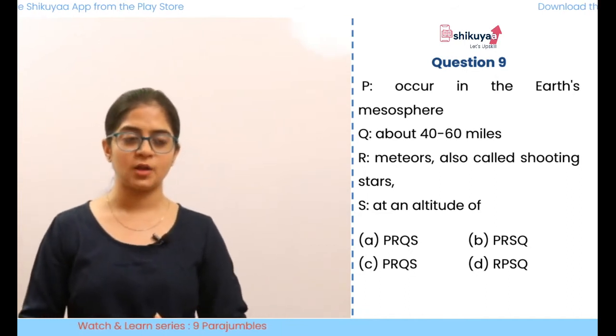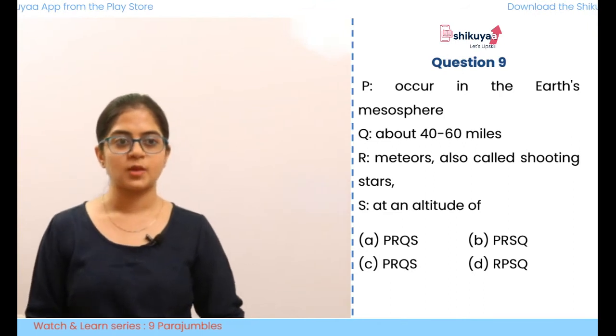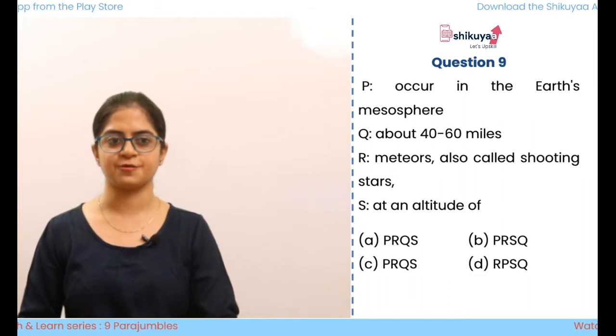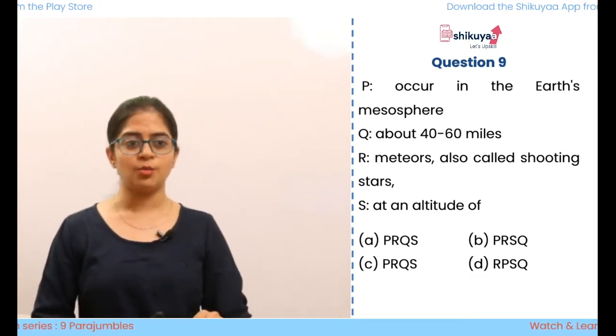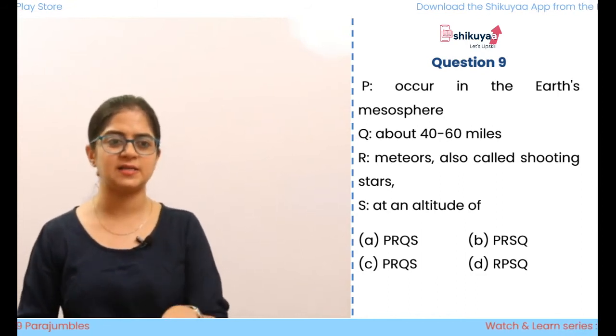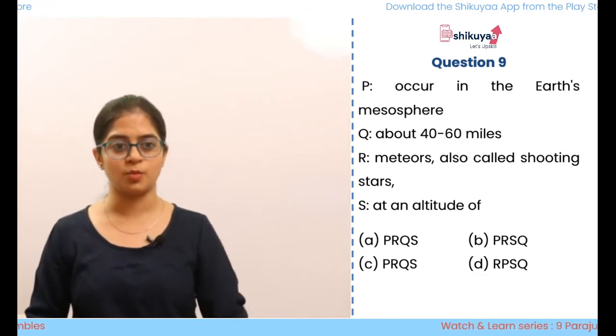Let us see how we can solve this question now. Here we have to quickly find the opening sentence. If you see the options here, options A, B, C say that P is the opening sentence and D says R is the opening sentence. Now let us decide whether P or R is the opening one.